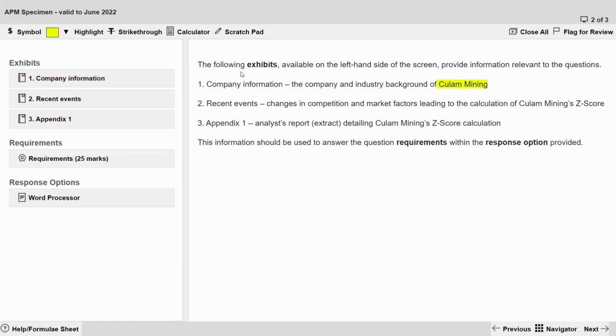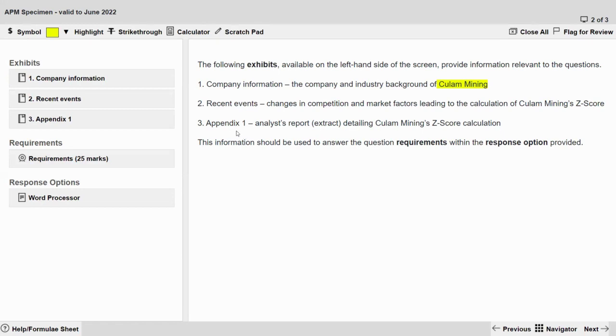It says the following exhibits available on the left-hand side of the screen provide information relevant to the questions. What are the exhibits? The company and industry background of Coulomb Mining, that's number 1. The recent events, which are changes in competition and market factors leading to the calculation of the Coulomb Mining Z score.